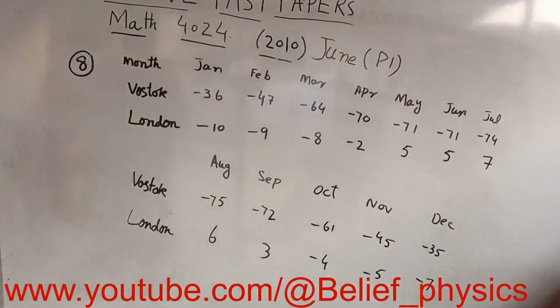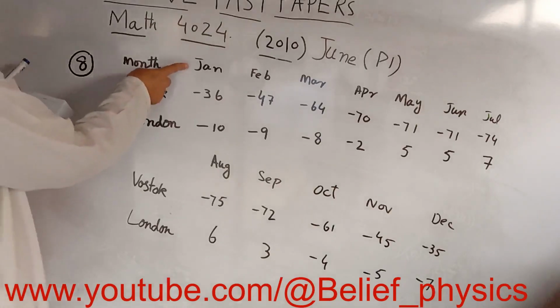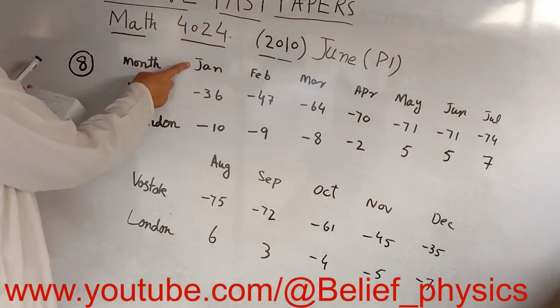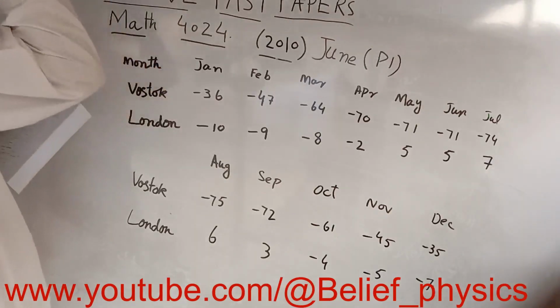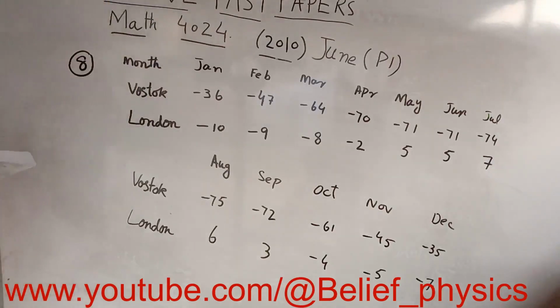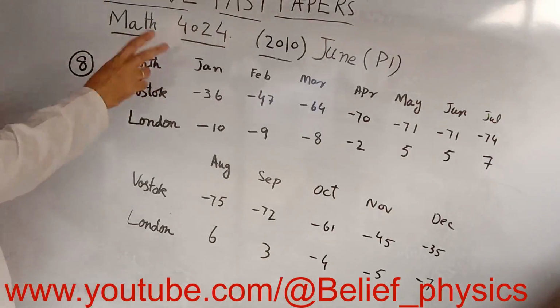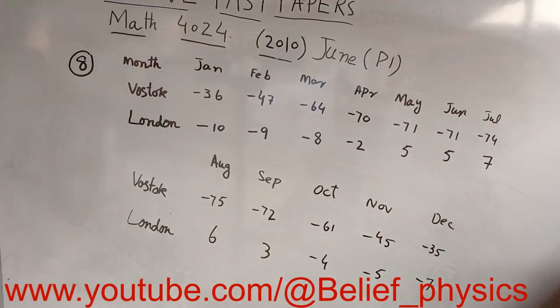Question number 8 is, the table shows the record minimum monthly temperature in centigrade in Woodstock and London. So the minimum temperatures of two different cities in all 12 months of a year, for London and Woodstock, are given in the table.